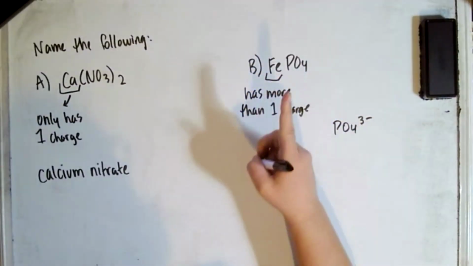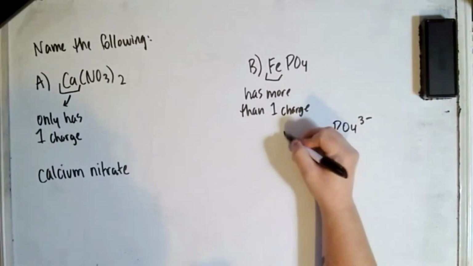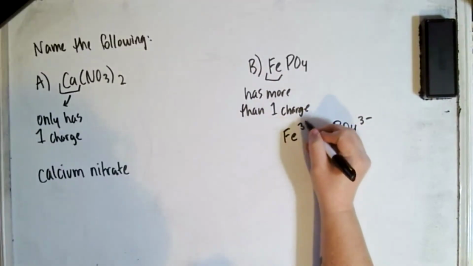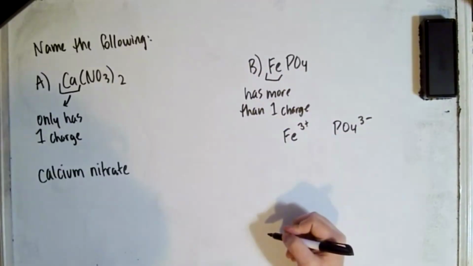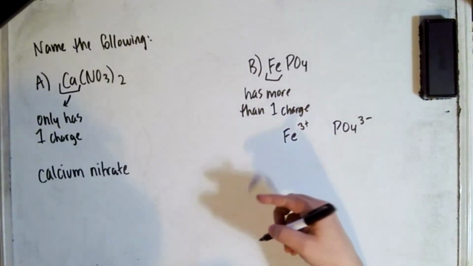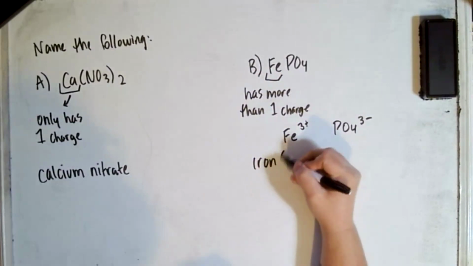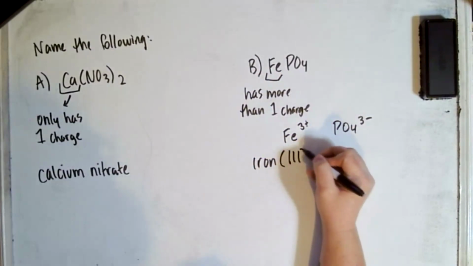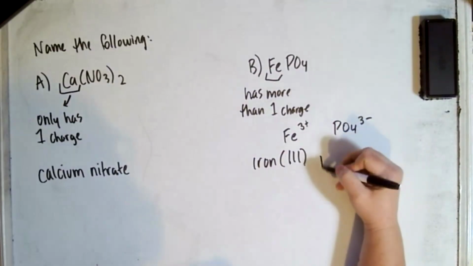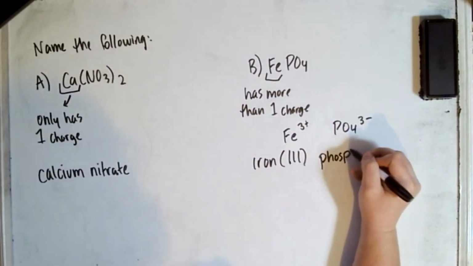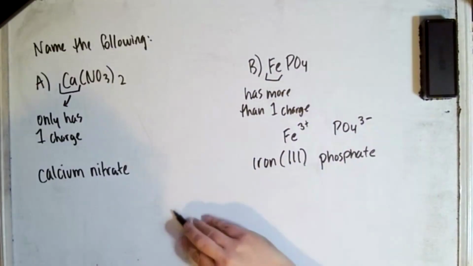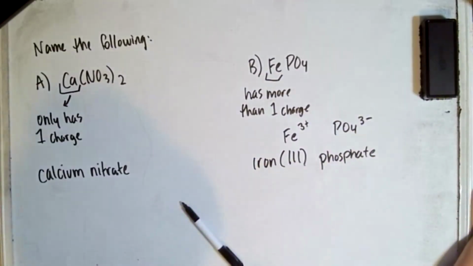So that means if I only have one iron that's combining with it, that iron must have had a +3 charge. So for this compound, I'm going to name my metal, and in parentheses, I'm going to include my charge, and then I'm going to name my polyatomic ion. Okay, iron(III) phosphate.